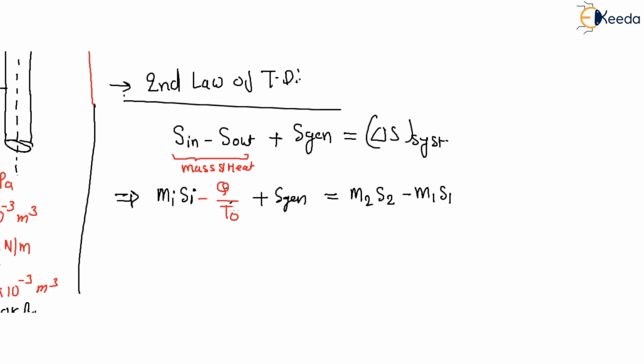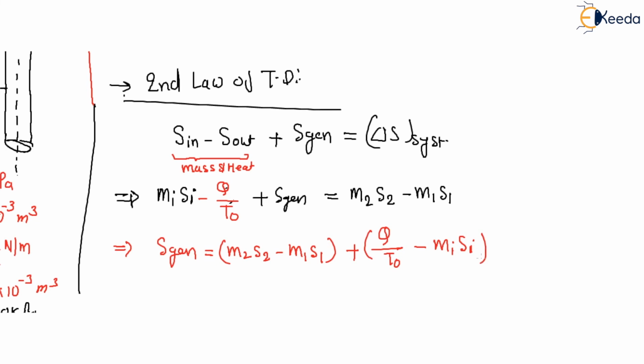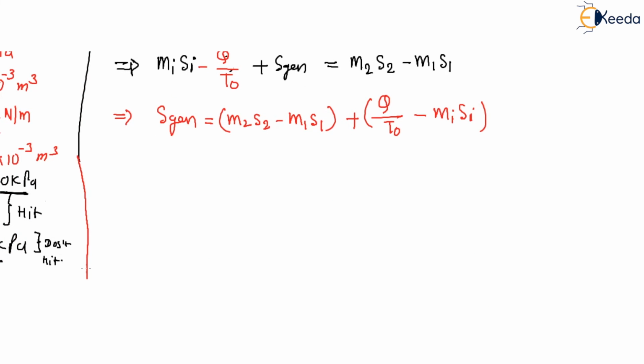So S generation is M2 S2 minus M1 S1 plus Q by T0 minus Mi Si, right? So you have M2, M1, the heat transfer, and Mi.